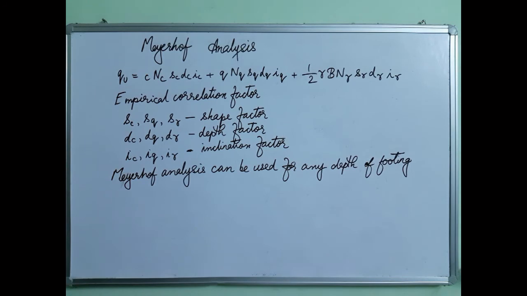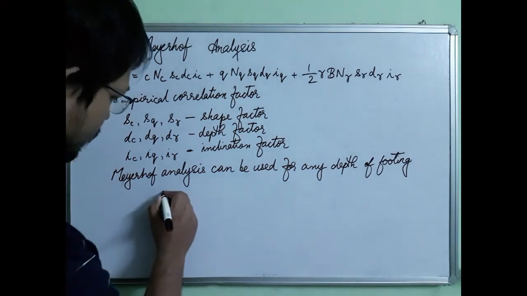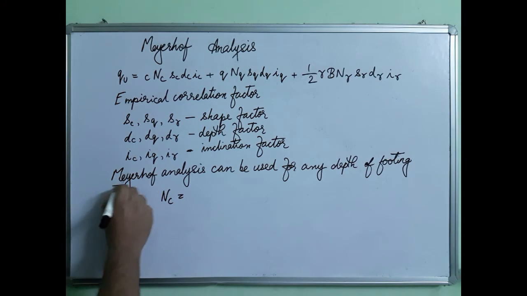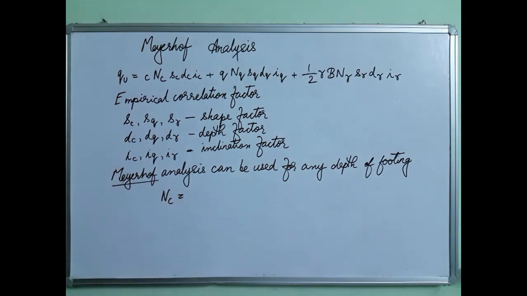Now here these Nc, Nq, N gamma are slightly different compared to the Nc, Nq, and N gamma for Terzaghi. So let us first write it down. What will be Nc for Meyerhof?